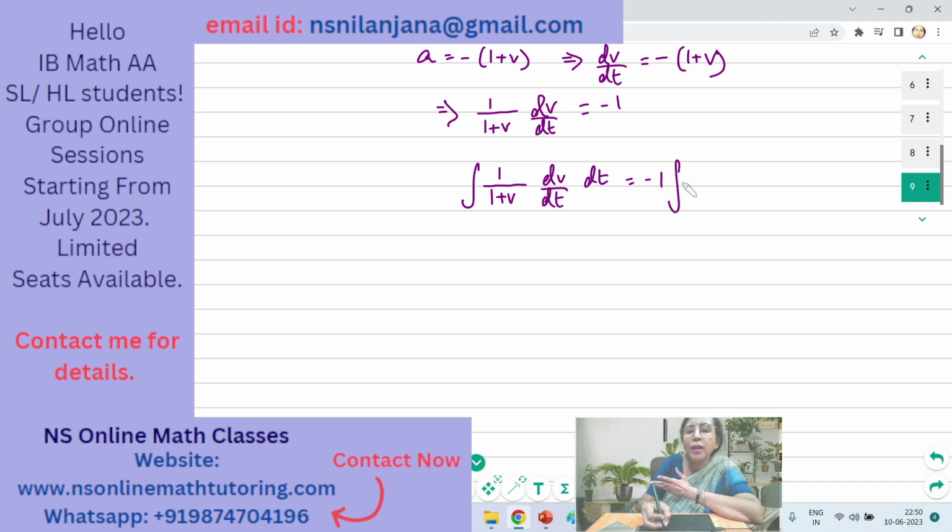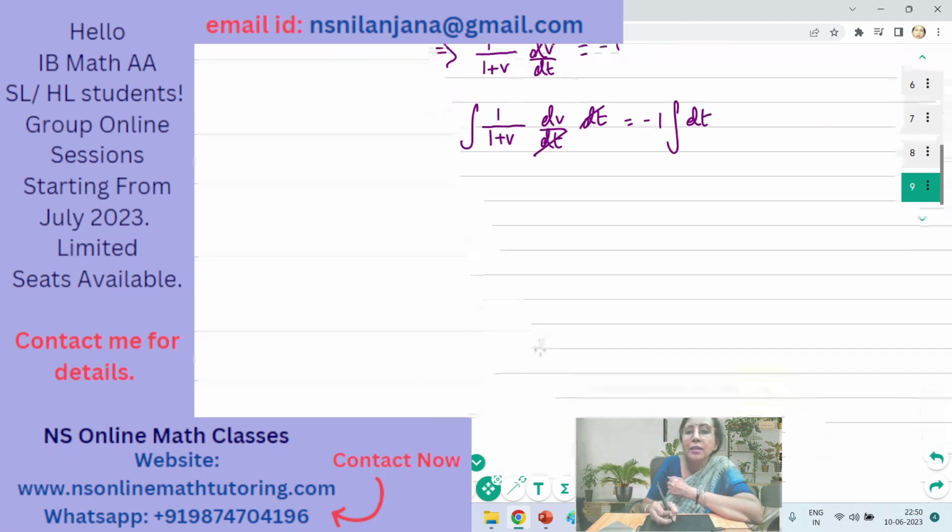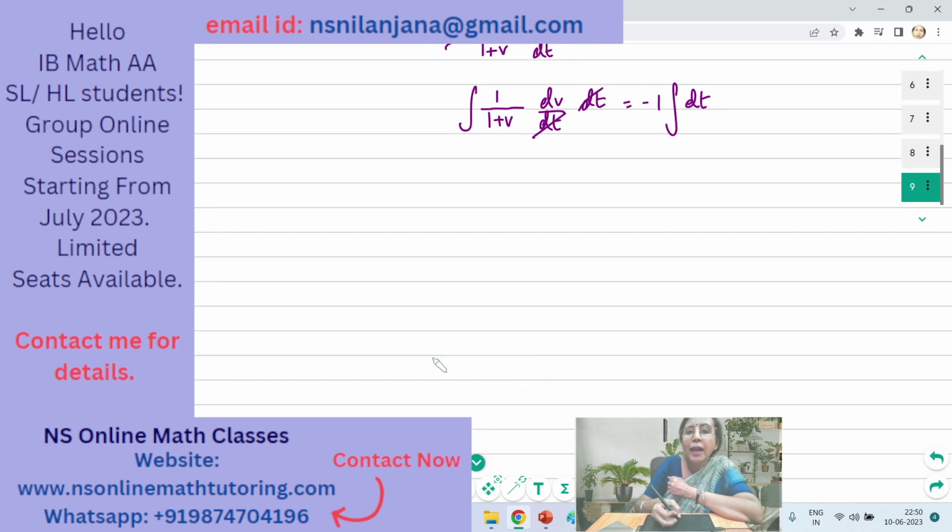I am keeping the minus 1 outside the integration sign because it is a constant. So these two will get cancelled, and what we will have is the integral of 1 over 1 plus v dv is equal to negative integration of dt.